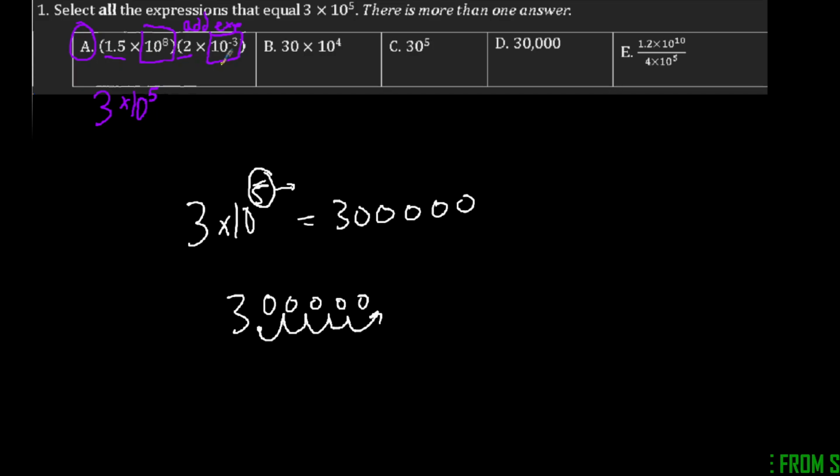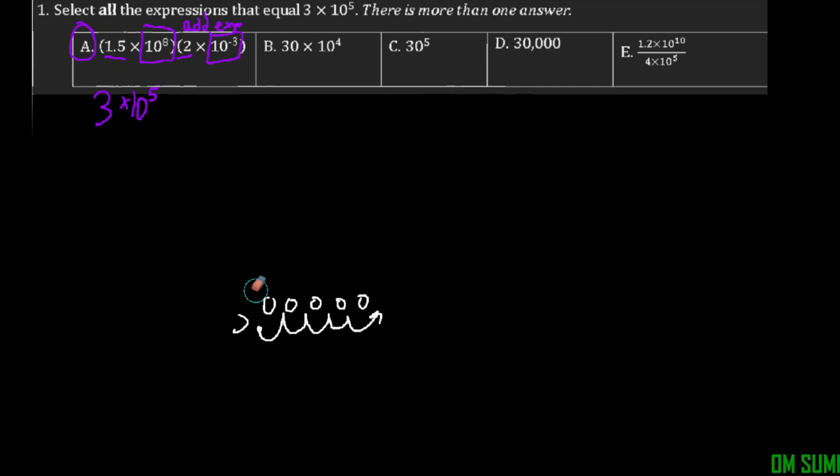For our next one, if we look at 30 times 10 to the 4th power, we can switch around. Let me make some more space for myself here. Let me write that original one. We said this is equal to 300,000.